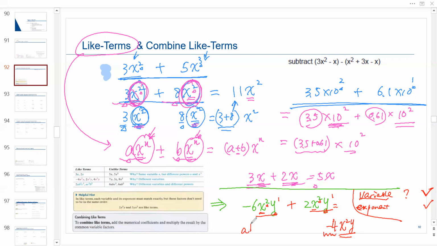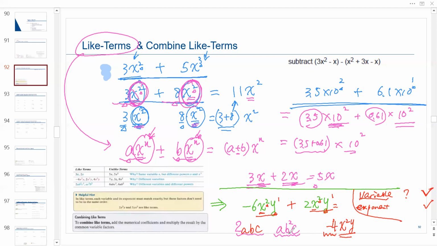Okay, so let's see another example. Say ABC, and another one is AB squared C. So let me add one here. Are these two like terms or not? First, see the A. The A here, yes, the variable is the same, the exponent is the same.